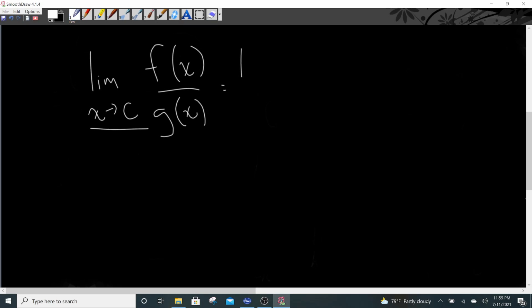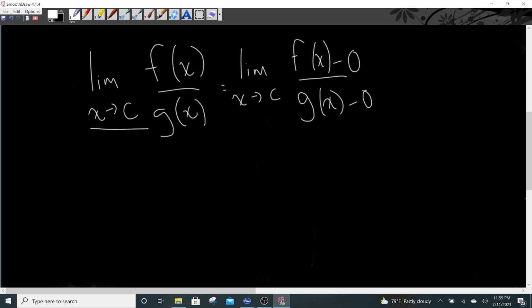and it very naturally leads into this. So the limit as x approaches c of f of x over g of x is also equivalent to the limit as x approaches c of f of x minus 0 over g of x minus 0. And we're using 0 over 0 instead of infinity over infinity because, again, infinity is hard to work with.